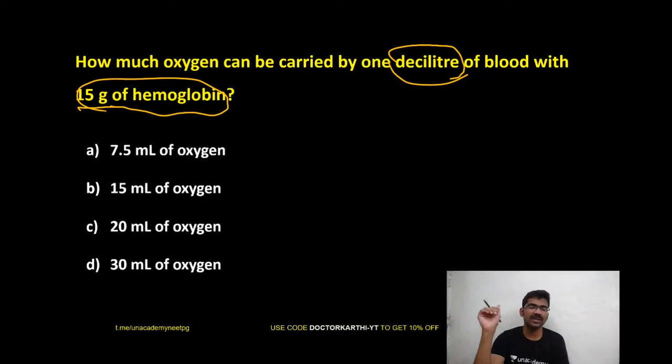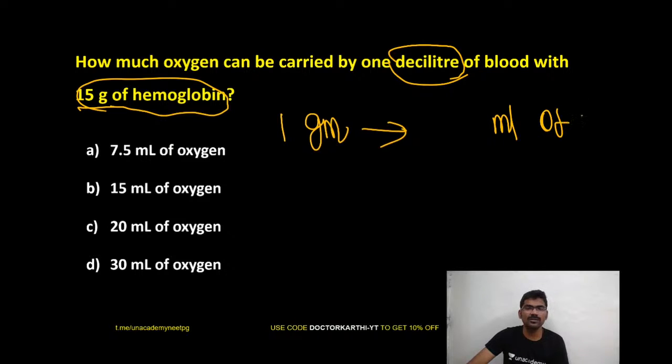It's a kind of physiology question. Biochemistry, physiology, they're all connected. First tell me, 1 gram of hemoglobin can carry how many ml of oxygen? If you know that, you can answer anything.